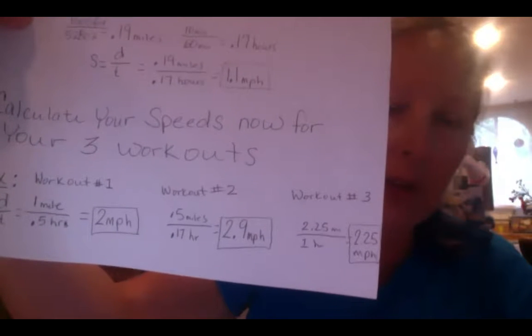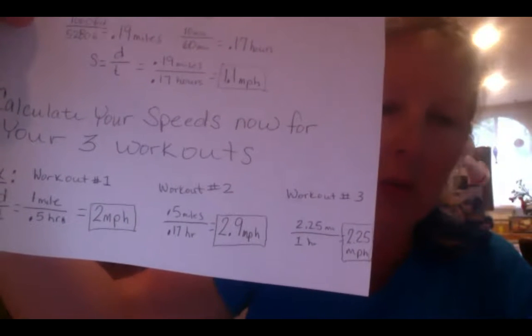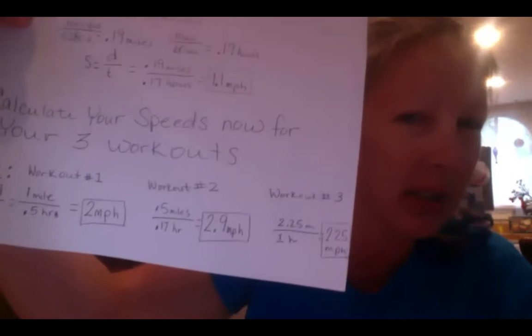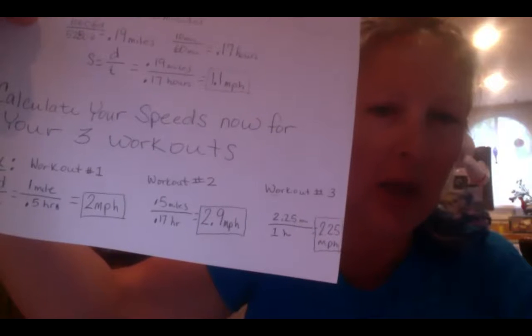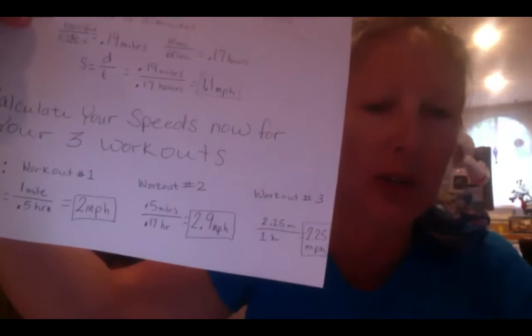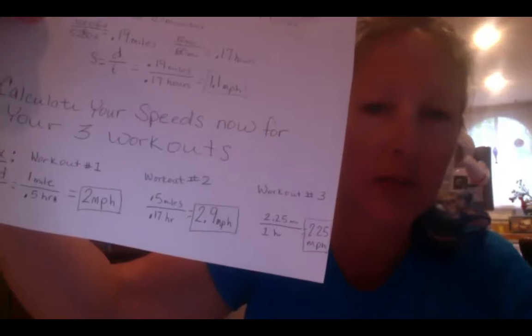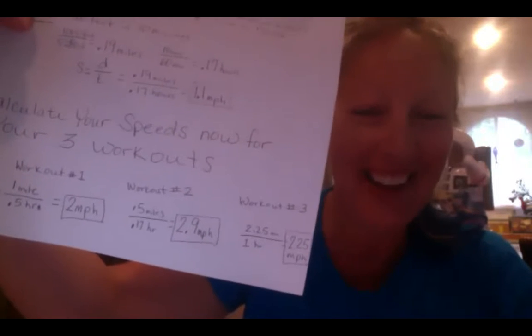And then my third workout, I went a really long walk with Miss Kara, but we kept our social distance. And that was 2.25 miles per hour. So that was my medium speed. So that's what you guys are doing right now.